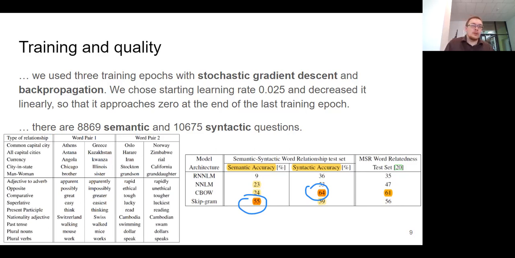What was the initial goal? They wanted to maximize semantic and syntactic quality, or they wanted a good language model. But for this particular task, they broke the 50% barrier. So they were very good in solving these tasks. No matter what the original reason was, the result was impressive. In these tests for semantic and syntactic relation prediction, they were the best at the moment.